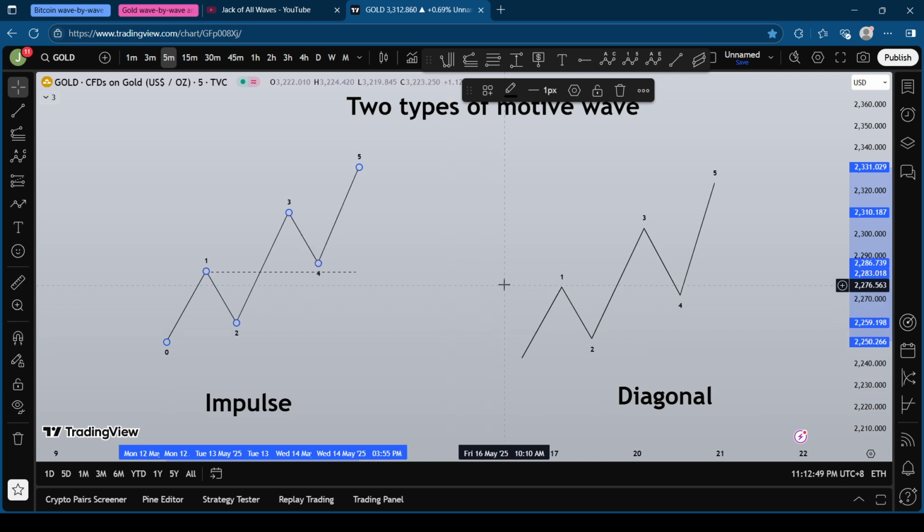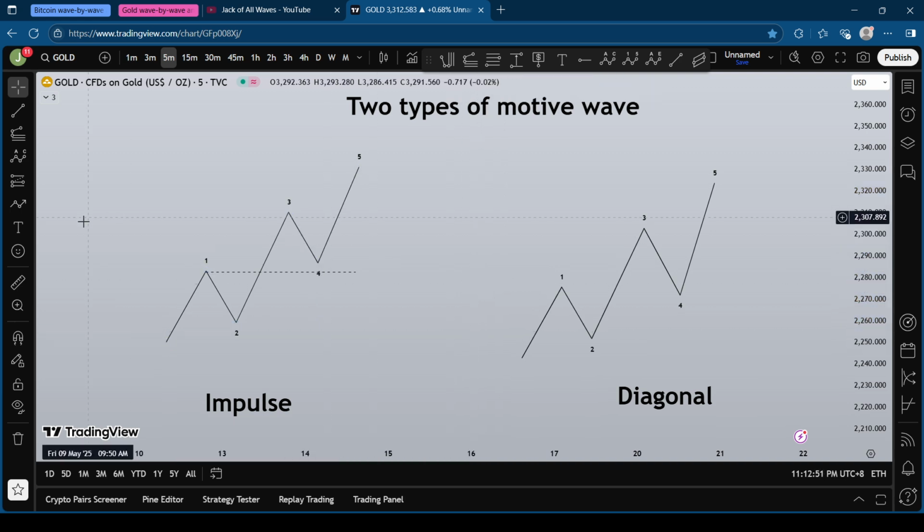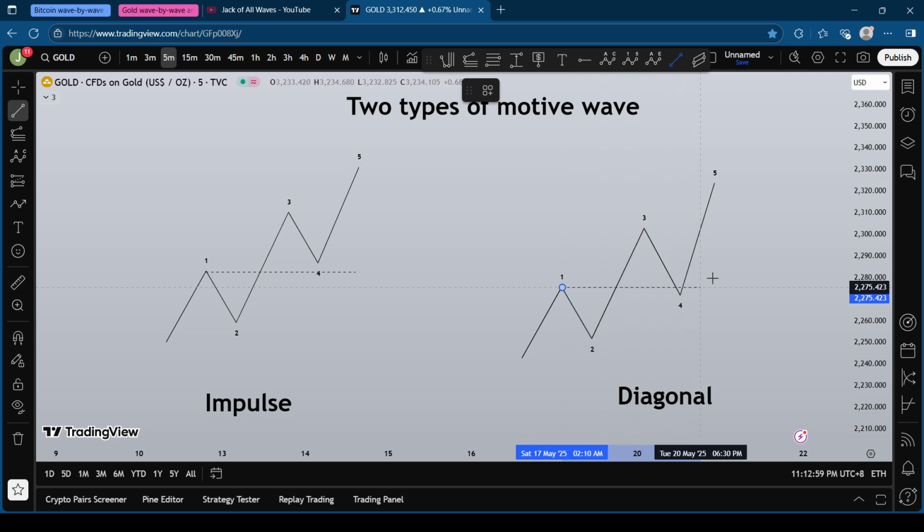However, if the motive wave is a diagonal, this is the only exemption wherein wave 4 can go beyond the territory of wave 1.